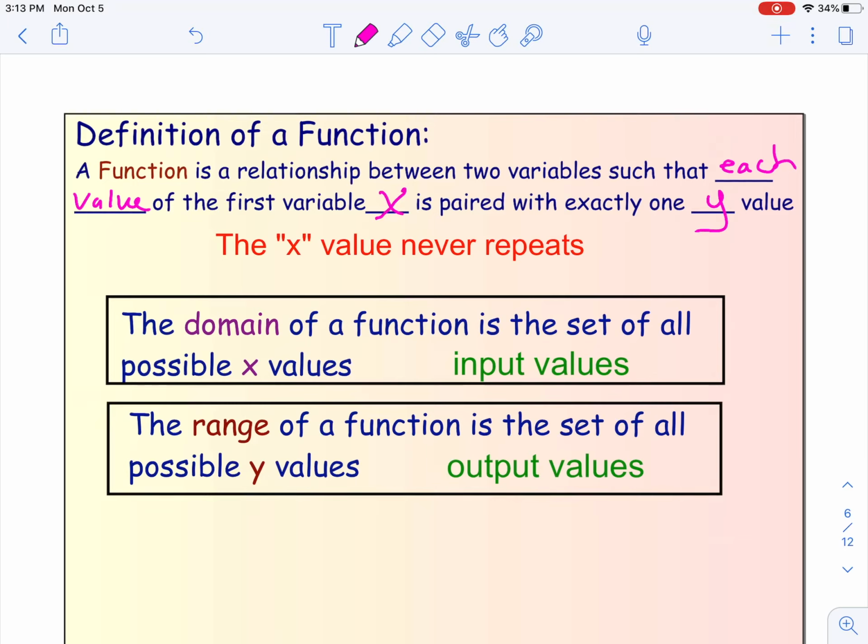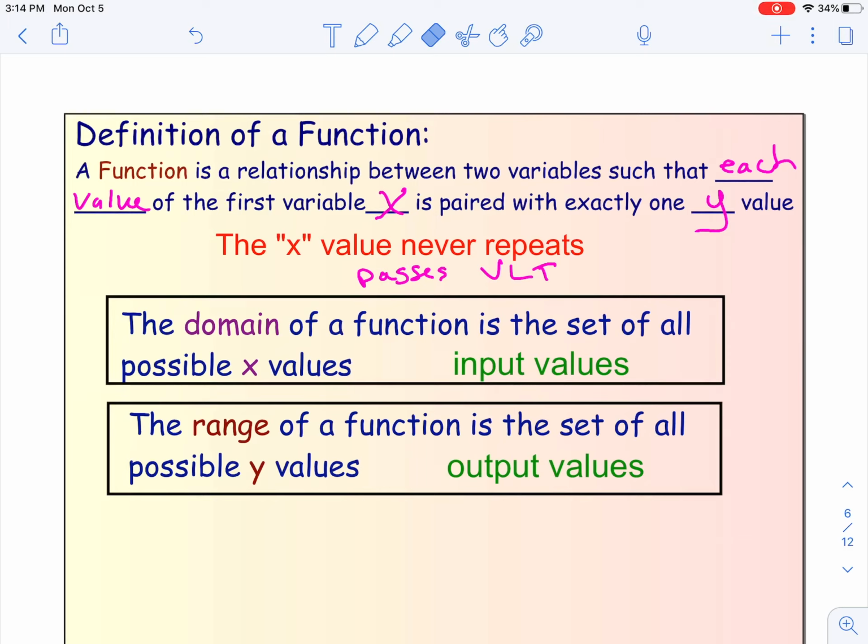That's what makes it a function. The x value never repeats, so it passes the vertical line test. And remember, for each x value there is only one y value, and that's what we talked about at the beginning with the vending machine.